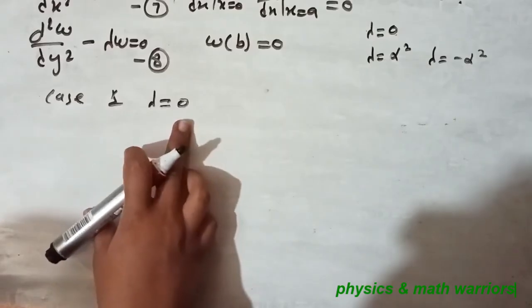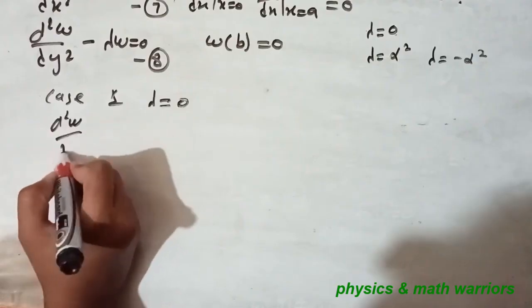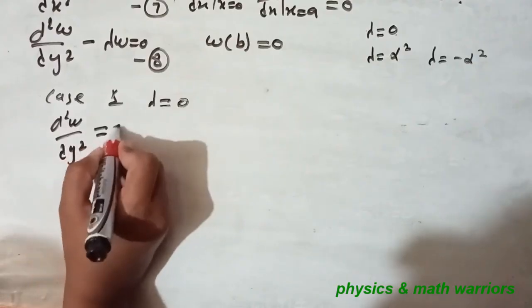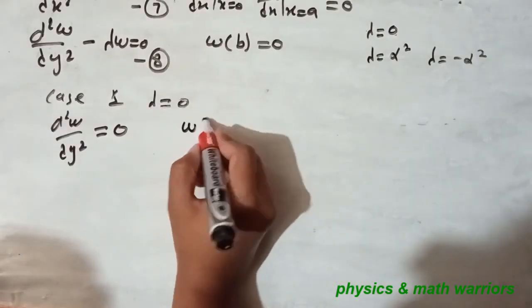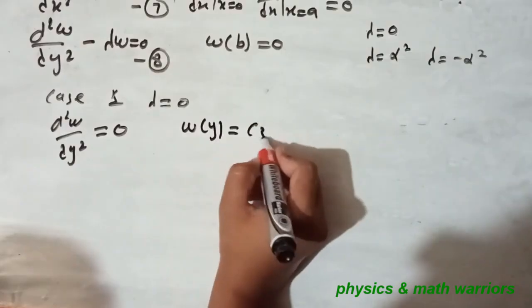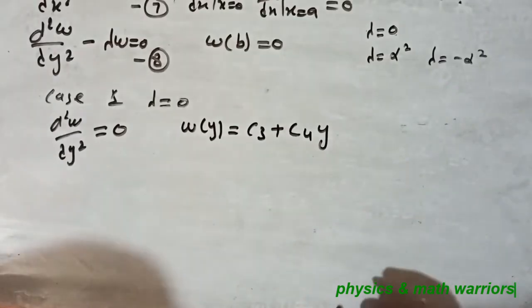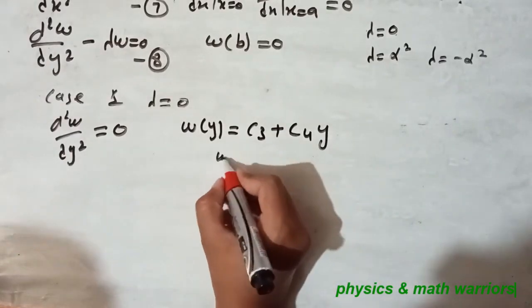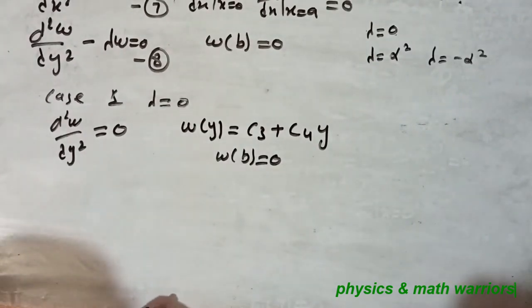When lambda is equal to 0, then equation 8 becomes d square omega over dy square is equal to 0, and the solution of this equation is omega of y is equal to c3 plus c4y. Now we will use the boundary condition omega of b is equal to 0 to find the values of c4 and c3.